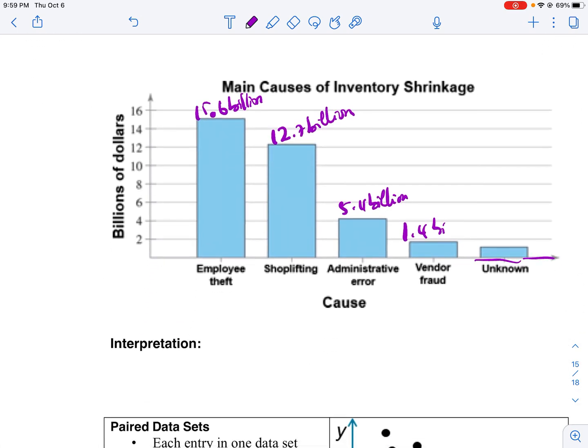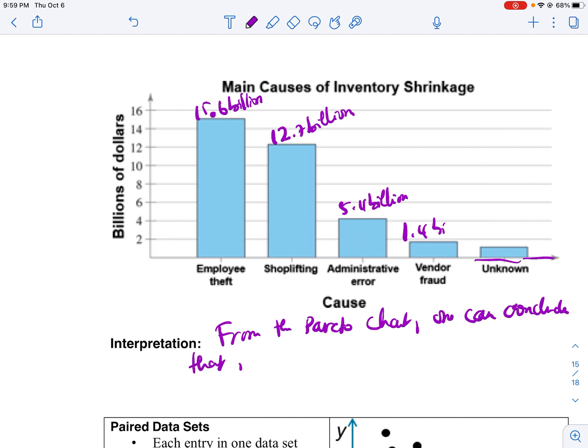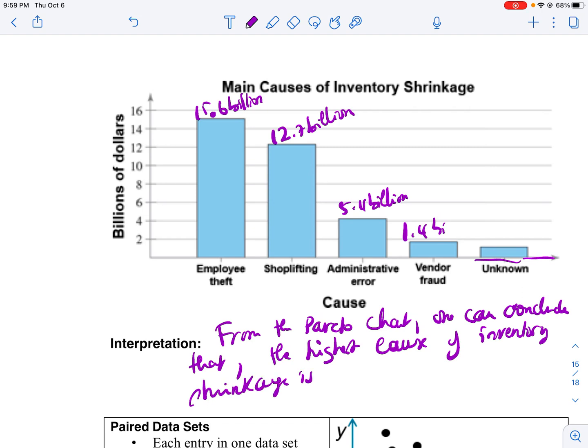But from the Pareto chart, one can conclude that the highest cause of inventory shrinkage is what?